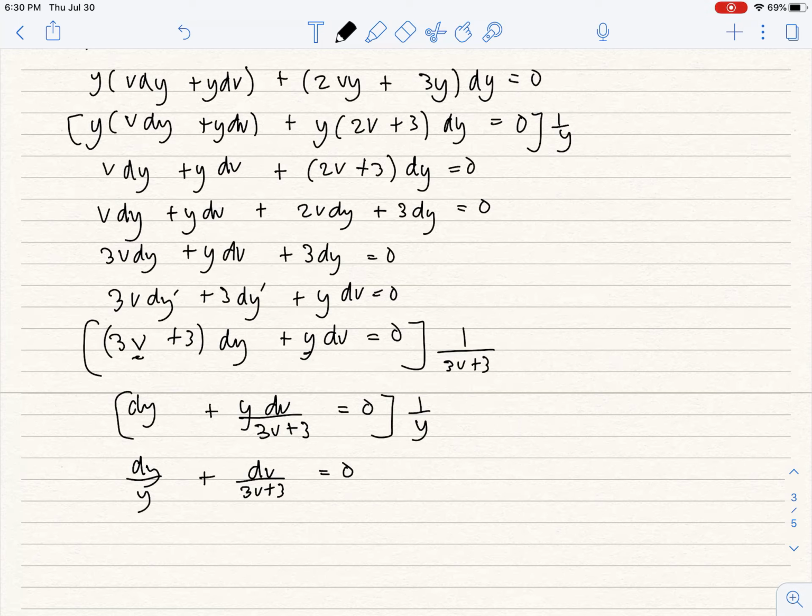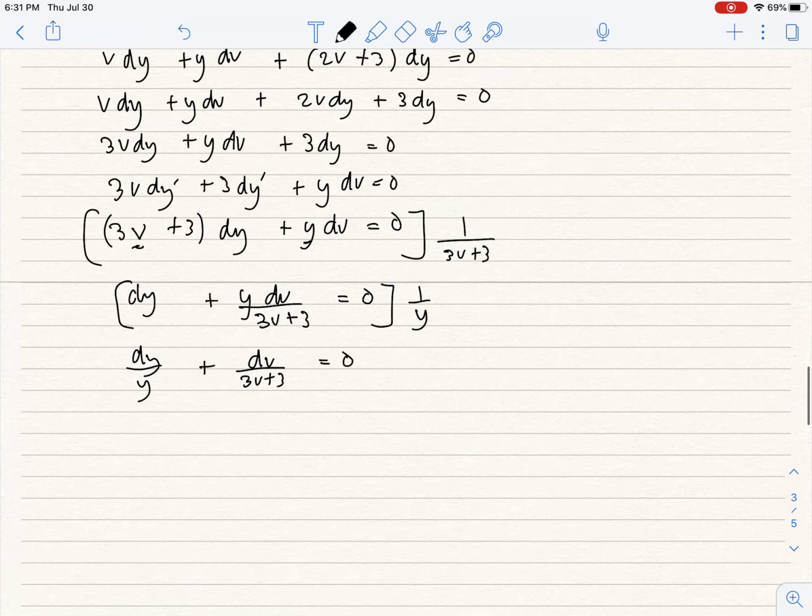So, this is now a variable separable differential equation. So, we can now integrate all the terms, right? But before we integrate, we simplify the second term. The common factor here is 3 and 3, so we can factor out the 3 to make the differential equation simpler.